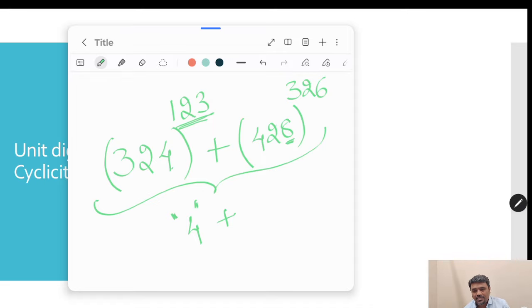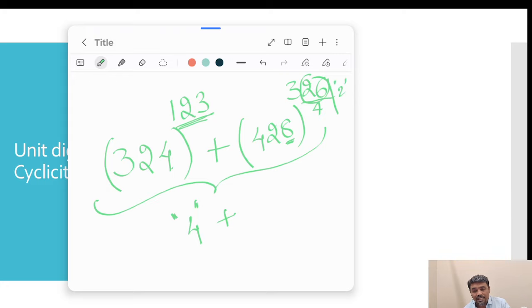So 8 has cyclicity. 4 numbers are there in the cycle of 8. So I have to divide this 326 by 4. What is the remainder? Already you know that the last two digits are enough. 26 divided by 4. The remainder is 2.